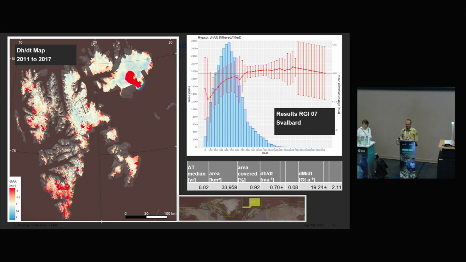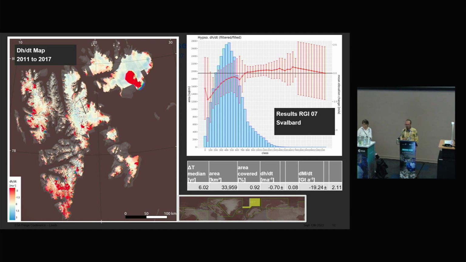accelerates abnormally and produces a bulb, which is transported ice downstream. And in parts of this elevation change field, you see this bulb appearing in blue down valley, but in other parts, it's not covered by the Randolph glacier inventory in this case, so we might be missing a little bit of, or we might overestimate the signal here a little bit.